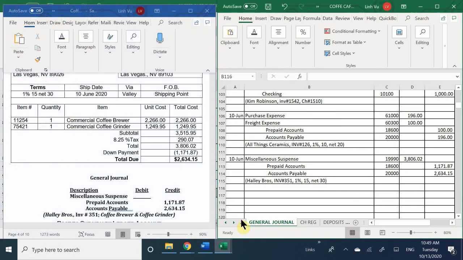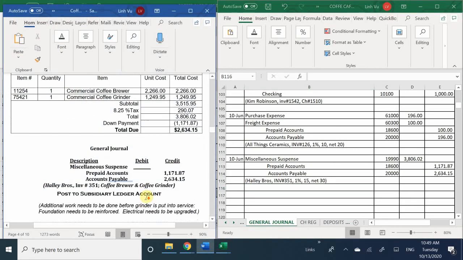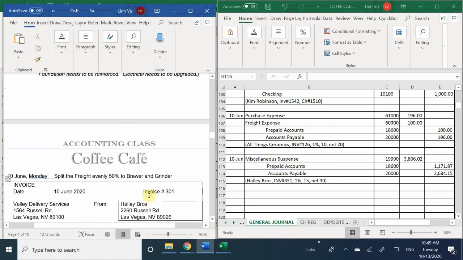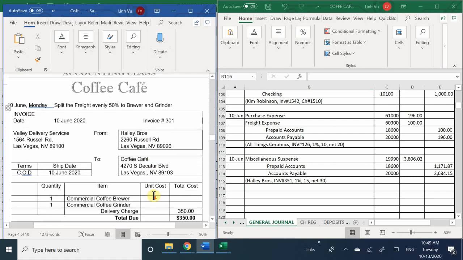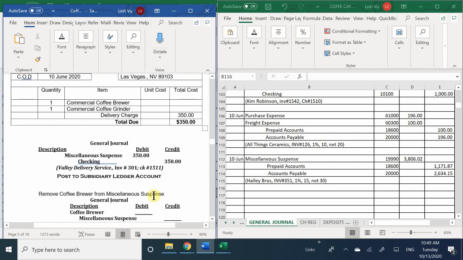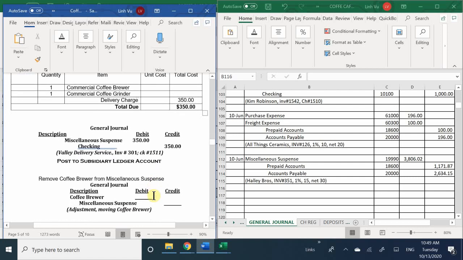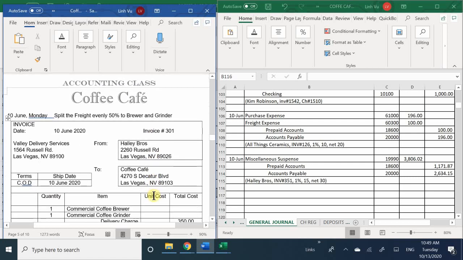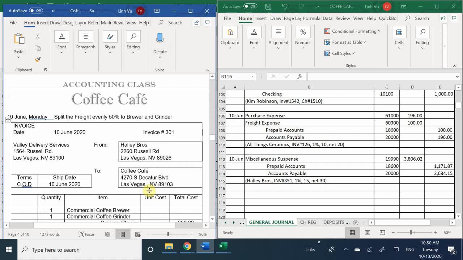Okay. But other than that, I am completely done with this transaction right here. Okay, so going back to my journal. Now, what's the first thing that happened here? Okay, so what's the next thing that happened here? Anybody?